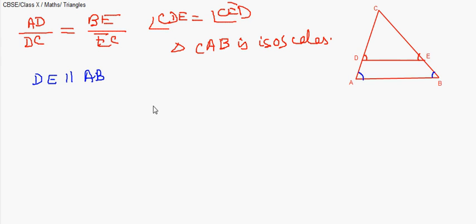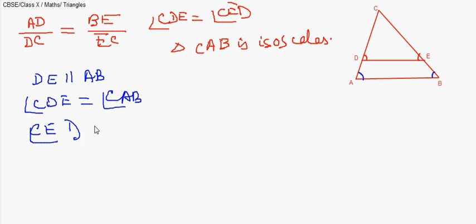If DE is parallel to AB, angle CDE will be equal to angle CAB because they are corresponding angles. On the other hand, CED will be equal to CBA. They are again corresponding angles.